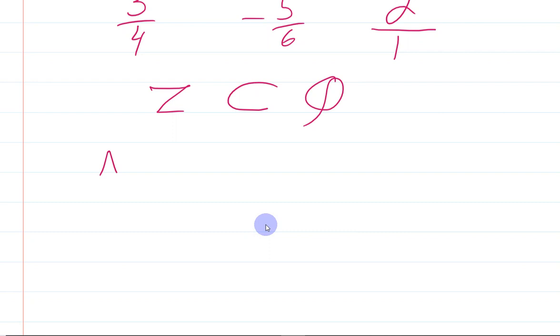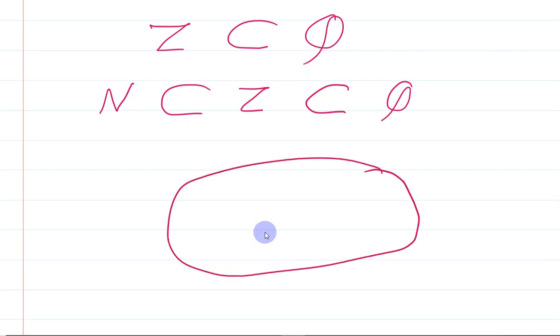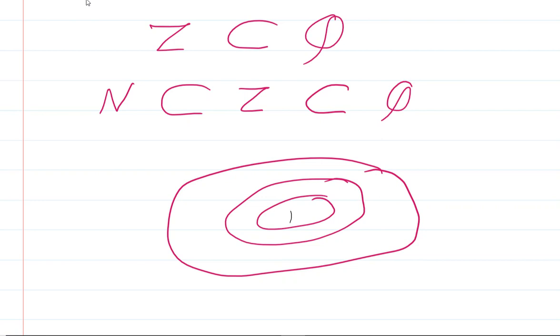I can write that natural numbers are a subset of integers and a subset of rational numbers. If I wanted to represent it by Venn diagrams, I can also draw the Venn diagrams this way and put the subsets here, so I can just write that a natural number is a subset of integers and is a subset of rational numbers. This is the relation.